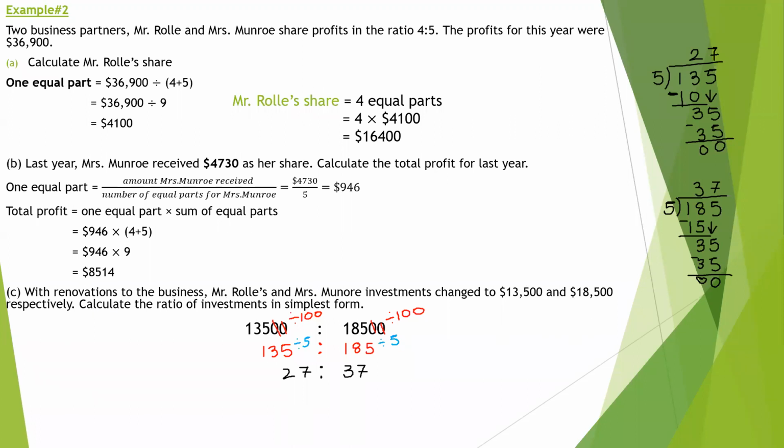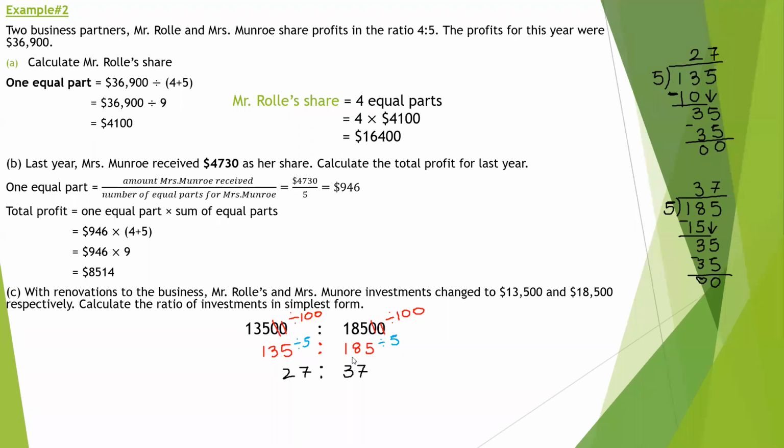Then you have to calculate the ratio of investments in the simplest form. The first step is to divide both of them by 100 to take the zeros off. So you get 135 to 185.